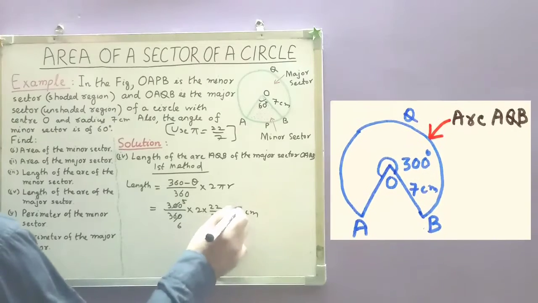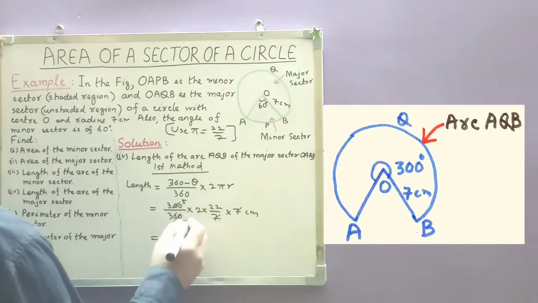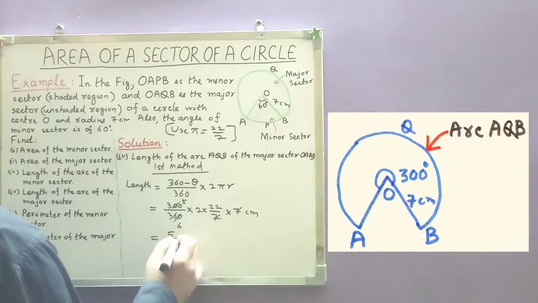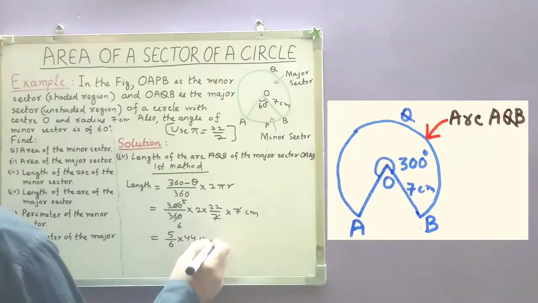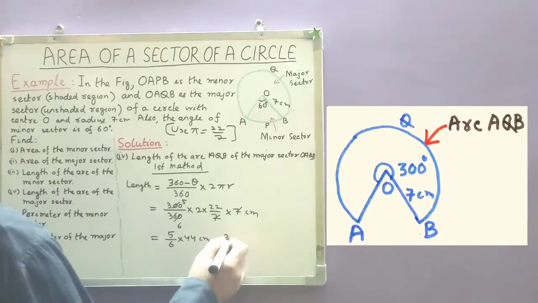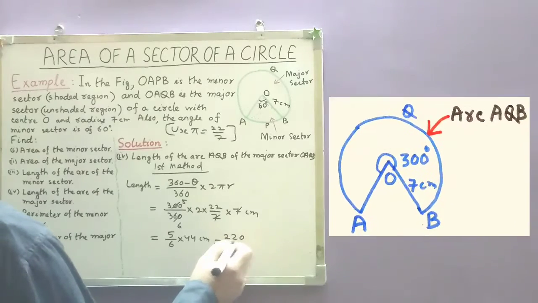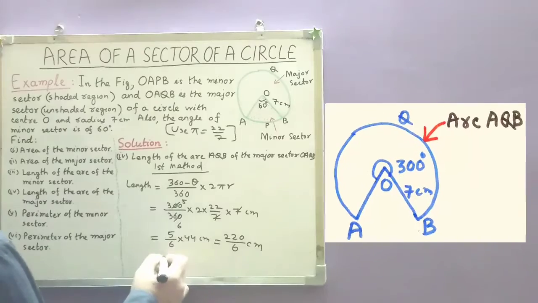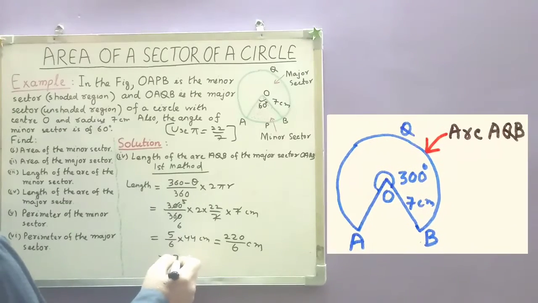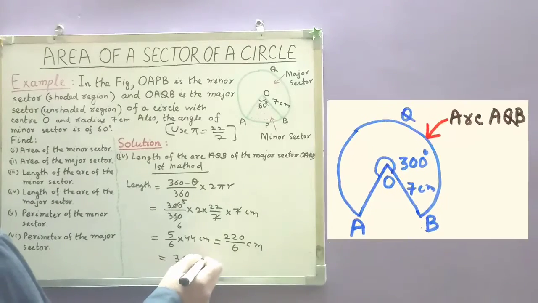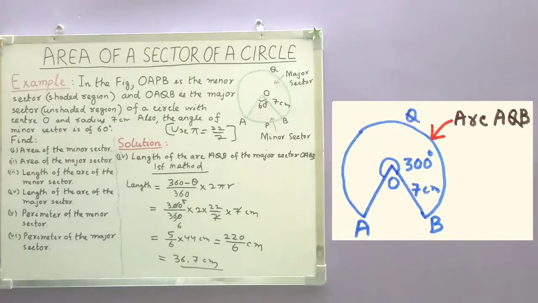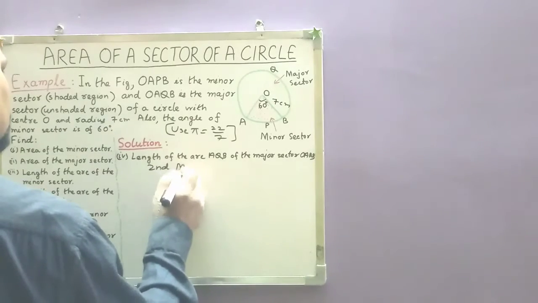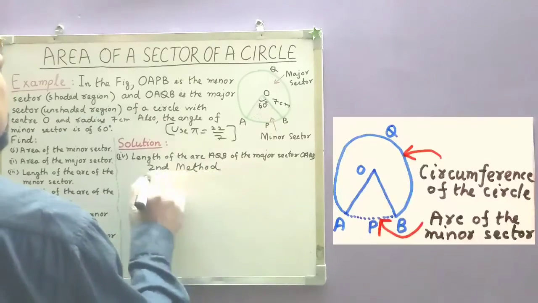On solving we get 5 upon 6 multiplied by 44 centimeter, that equals 220 upon 6 centimeter, that equals 36.7 centimeter.